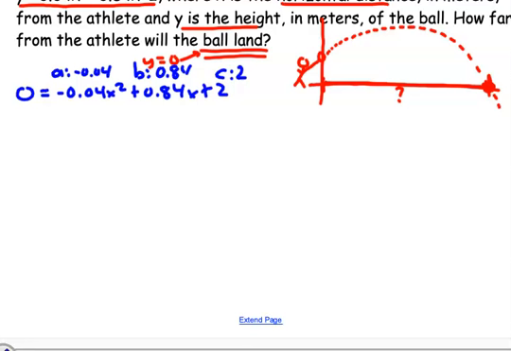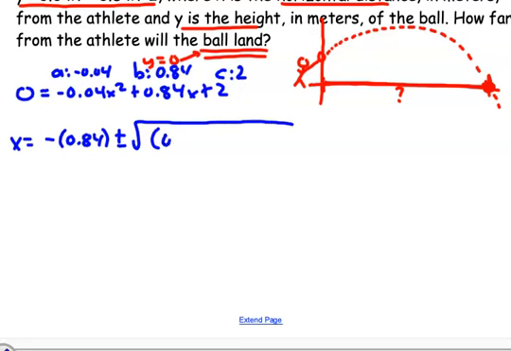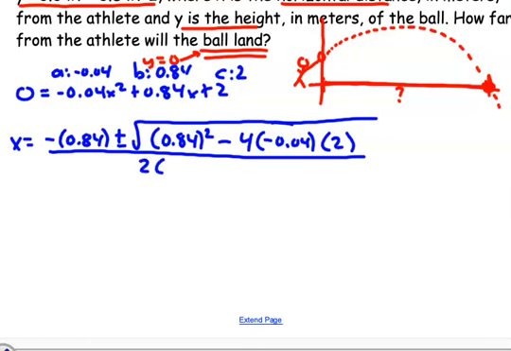So that would be first step, x is equal to negative b, that would be negative 0.84 plus or minus the square root of 0.84 squared minus 4 times a, which is negative 0.04, times c, which is 2. All of that is over 2 times a, which is 2 times negative 0.04.